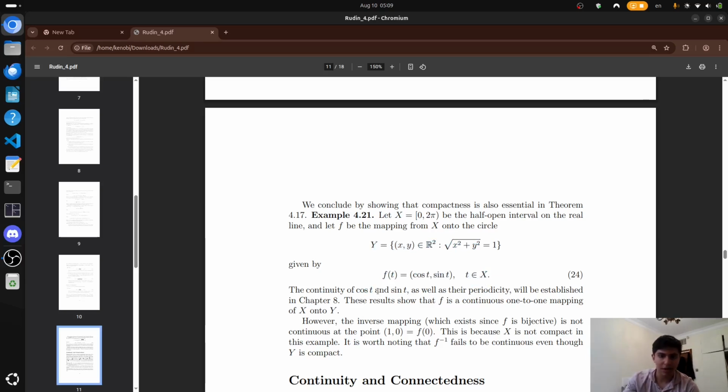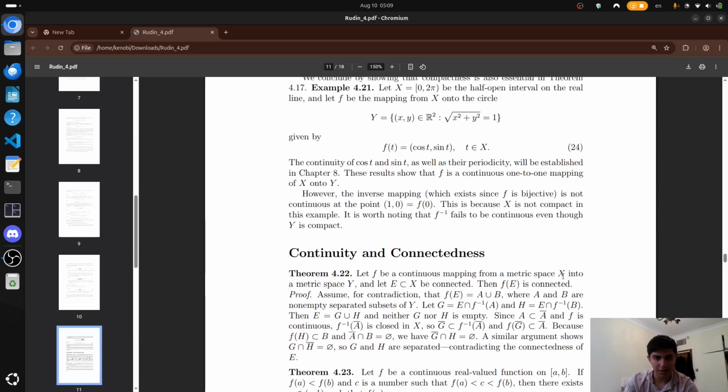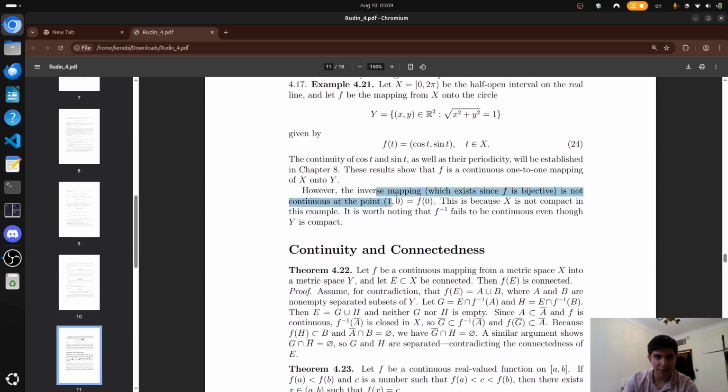We know cosine of t and sine of t are continuous. However, the inverse mapping is not continuous at the point (1, 0) equals f of 0. This is because X is not compact in this example.